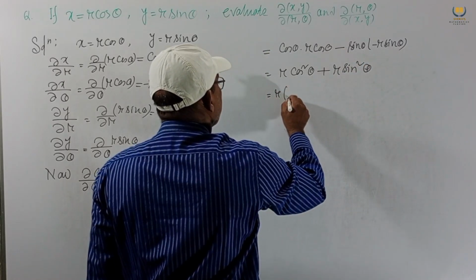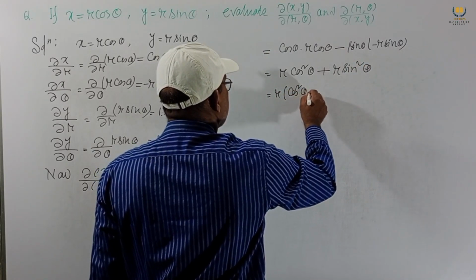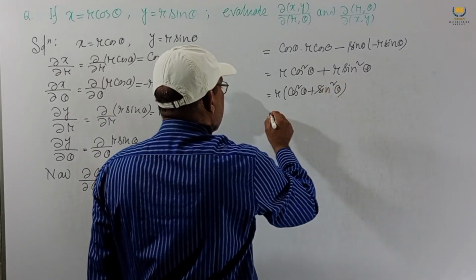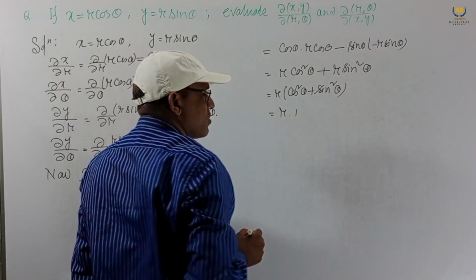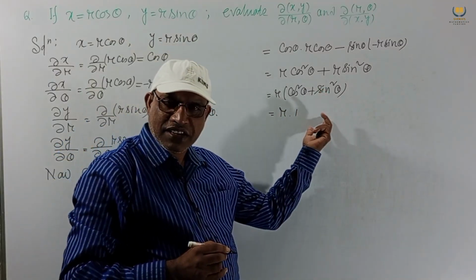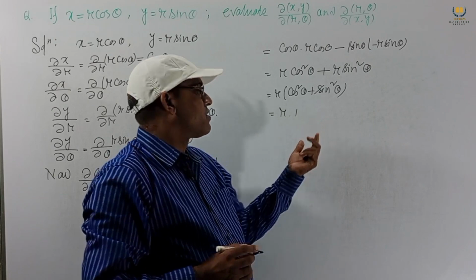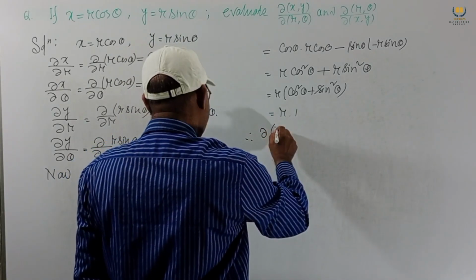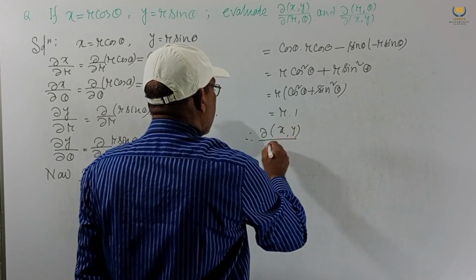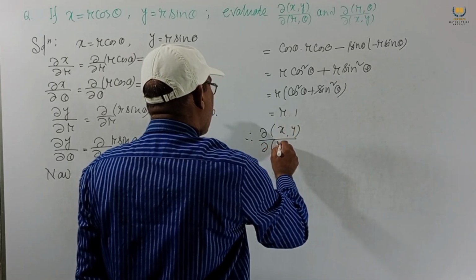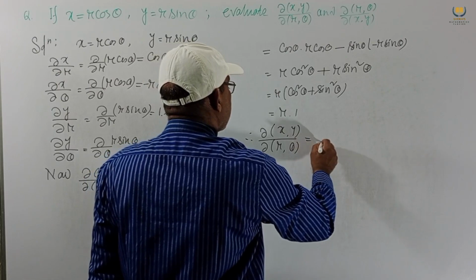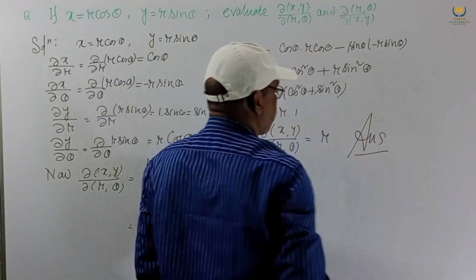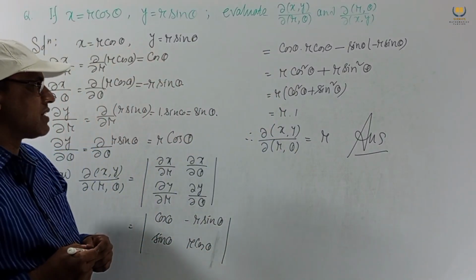R common, we get r into cos square theta plus sin square theta. Cos square theta plus sin square theta we know is 1. Therefore del(x,y) by del(r,theta) equals r. This is the first answer we get.